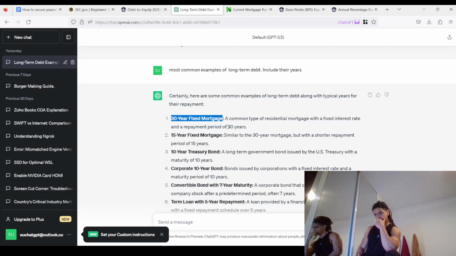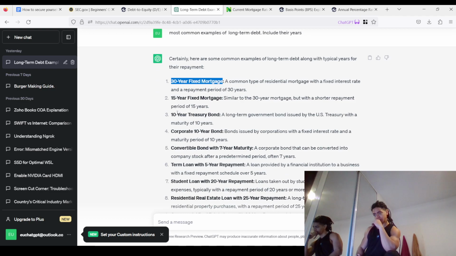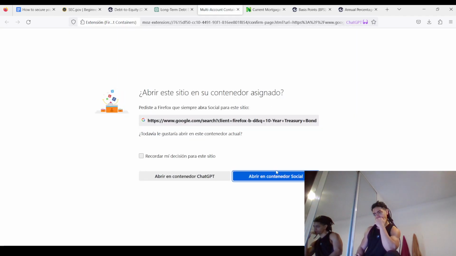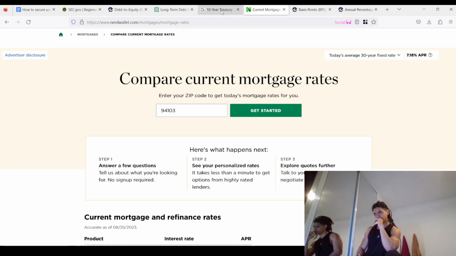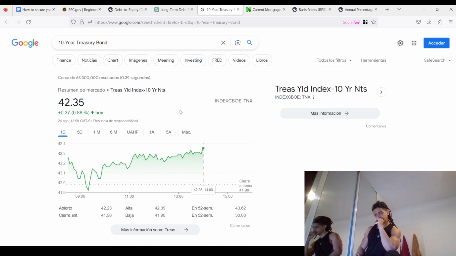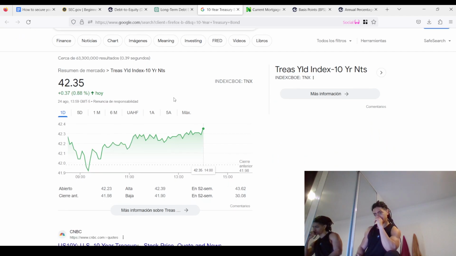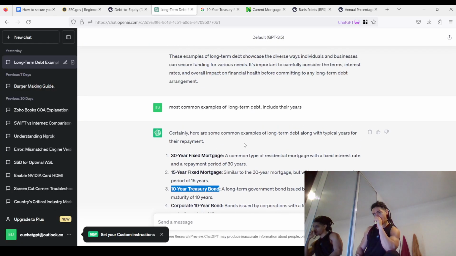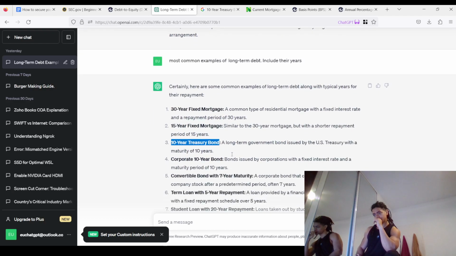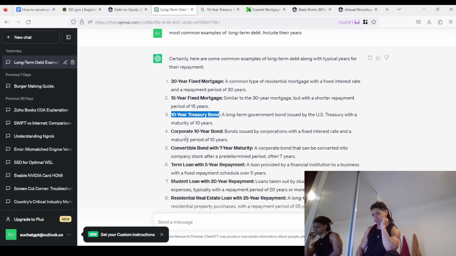So 30-year fixed mortgage, 15-year fixed mortgage, 10-year treasury bonds, which are long-term debt. Corporate 10-year bonds.